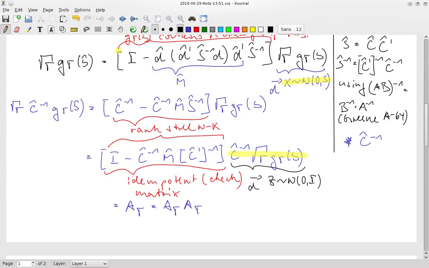So we're converging to a vector of independent, standard normally distributed random variables. This result requires a bit of an explanation.